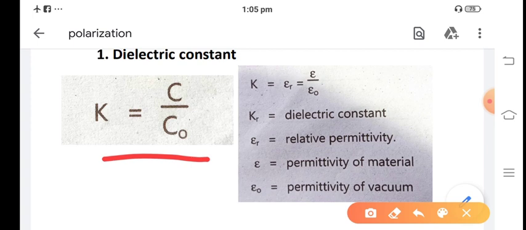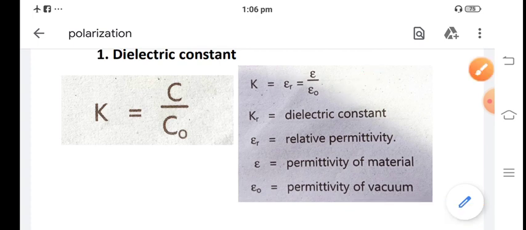That is, K is equal to epsilon R is equal to epsilon upon epsilon 0, where epsilon R is the relative permittivity, epsilon is the permittivity of the material, and epsilon 0 is the permittivity of the vacuum. Permittivity is nothing but the storing capacity of the dielectric material.